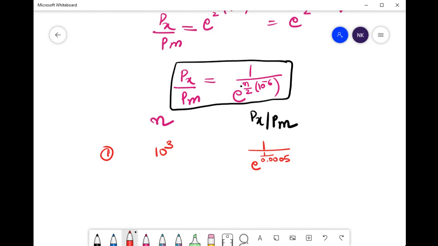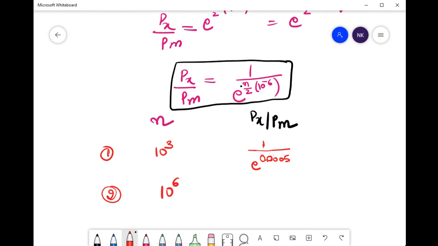Now case 2, if the number of particles are 10 raised to the power 6, then what are you getting? Oh, it is not 1, this is not it. 0.005.